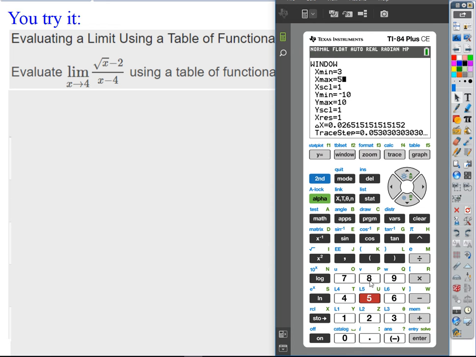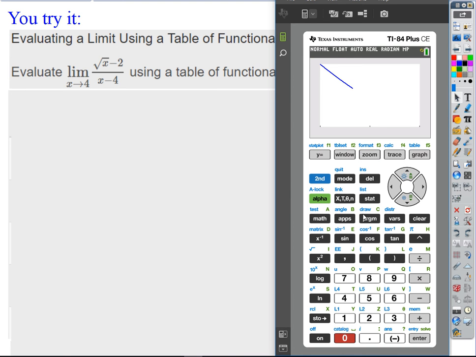And remember, if we want the calculator to do the work for us and spread it out on the screen, we can just hit zoom 0, which is zoom fit. So there it is. Oh, look at that. That one actually did put a little hole in it.